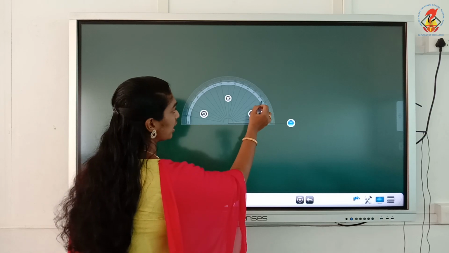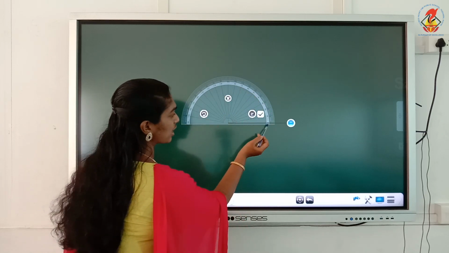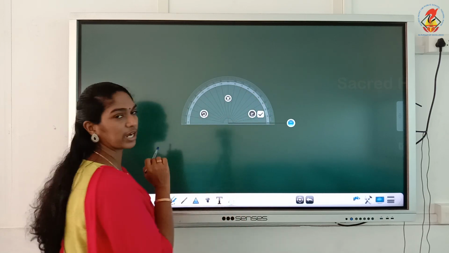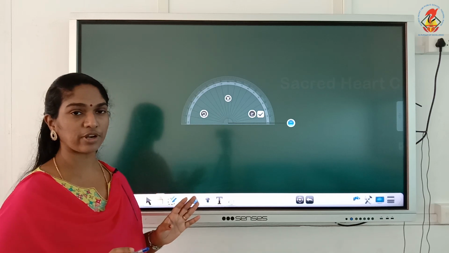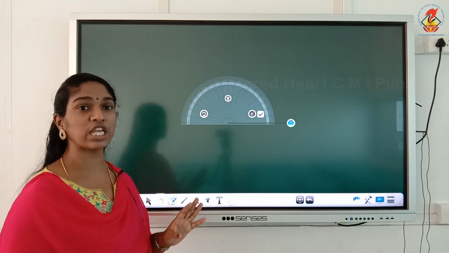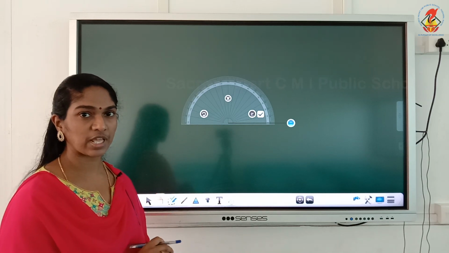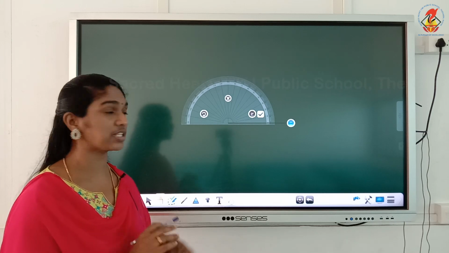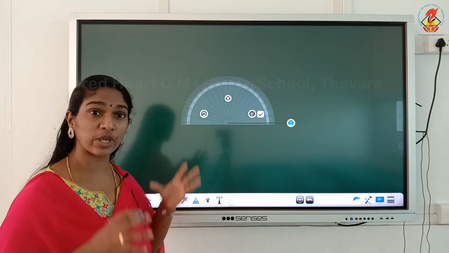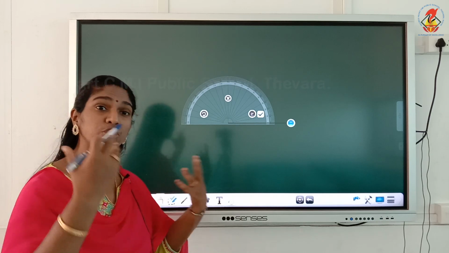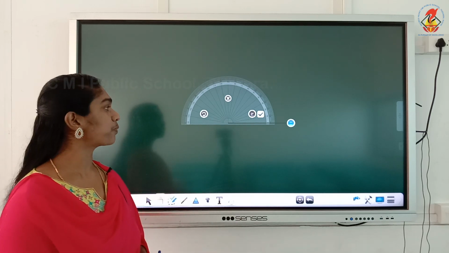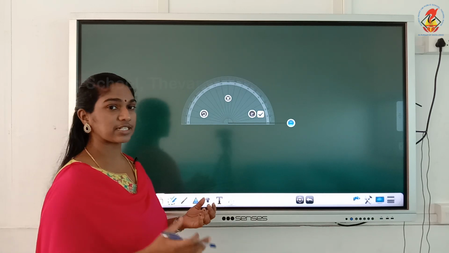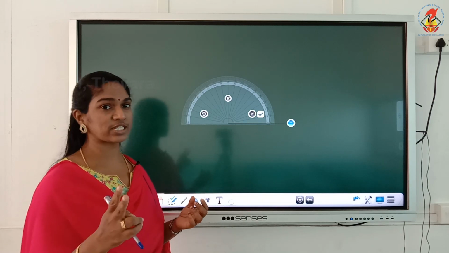This is called the inner scale of the protractor, starting from 0 till 180. The protractor shows the numbers from 0 to 180, that is 0 degrees to 180 degrees. This is used to measure angles. You can use this to measure angles or to draw angles. Okay. So in this protractor, they will be showing you two scales.